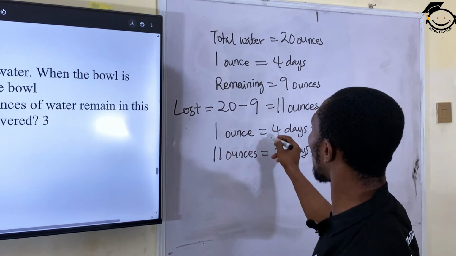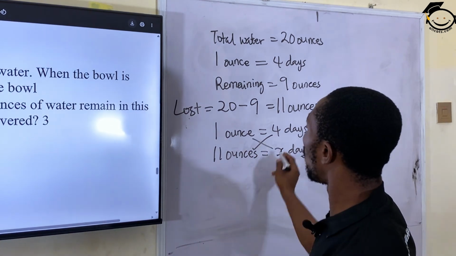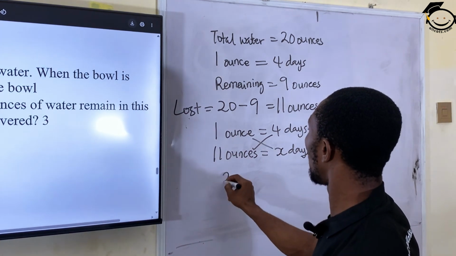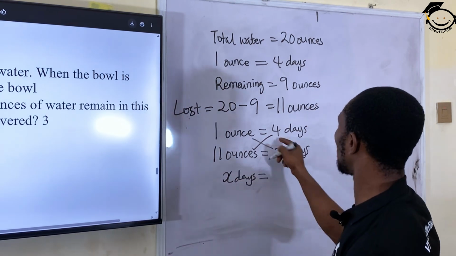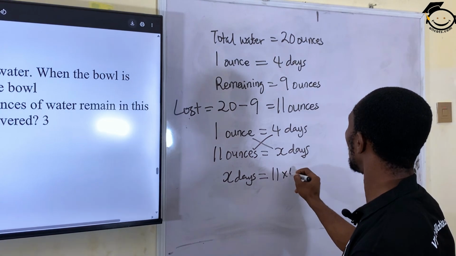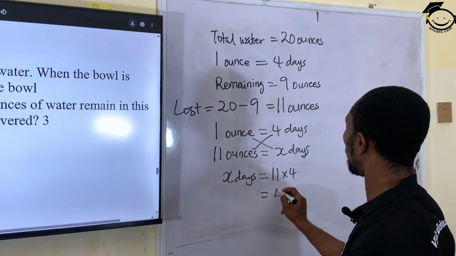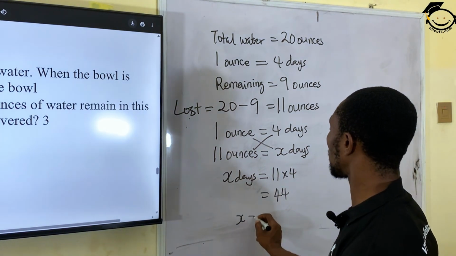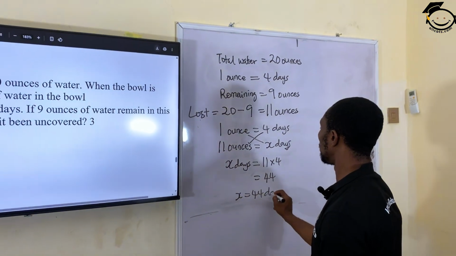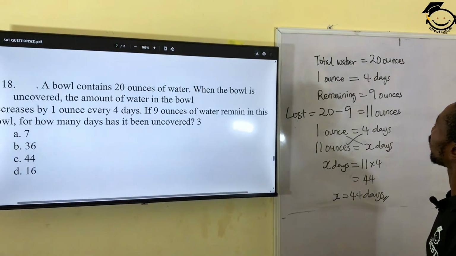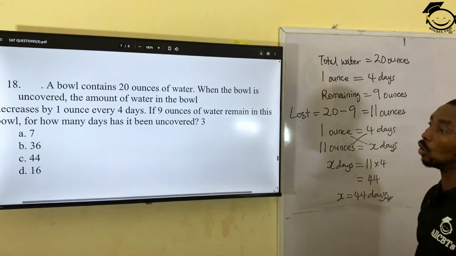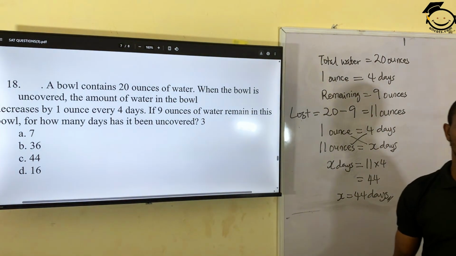So we can cross multiply. 1 times x will give us x days equals 4 times 11, which will give us 44. So our x equals 44 days. So it took 44 days for it to lose 11 ounces, which is option C.